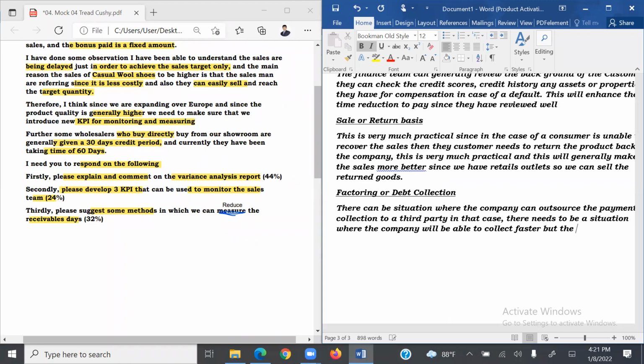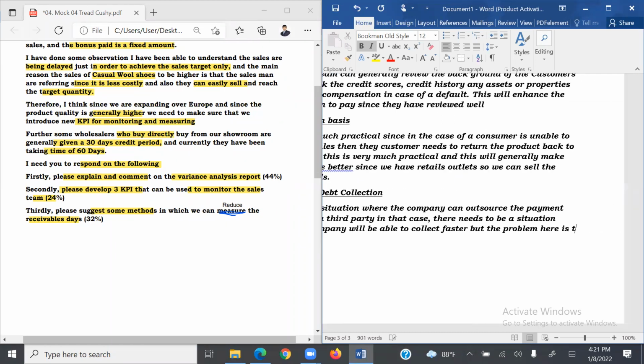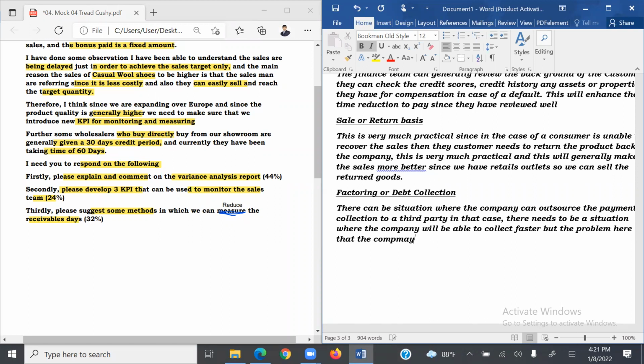But the problem here is that the company will not have the stability to perform well. Are you clear with that, students?